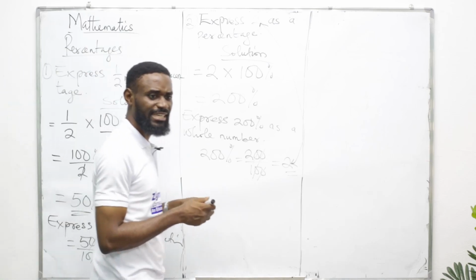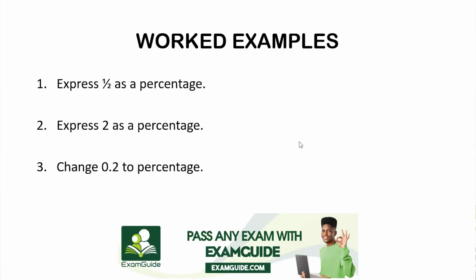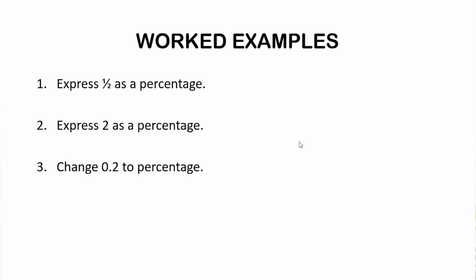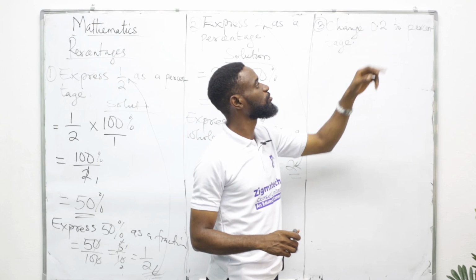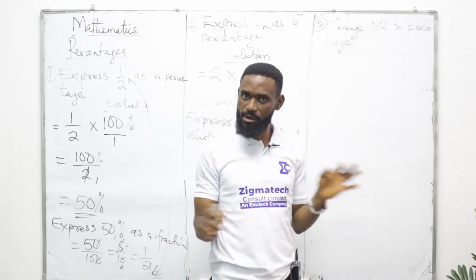Then the next one we have there is number 3. They can give you the question as change 0.2 to percentage. So we are asked to change 0.2 to percentage. The same principle.